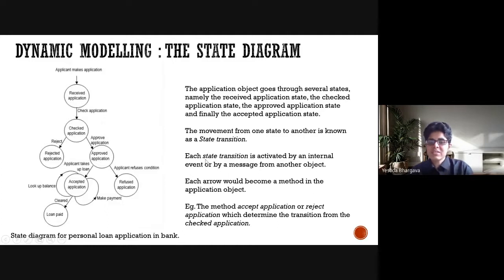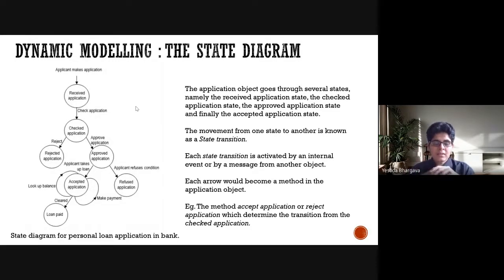Each state transition is activated by an internal event or by a message from another object. So when the system has received the application and the application has been submitted, then after the submit button, there will be some trigger which triggers the check application function.